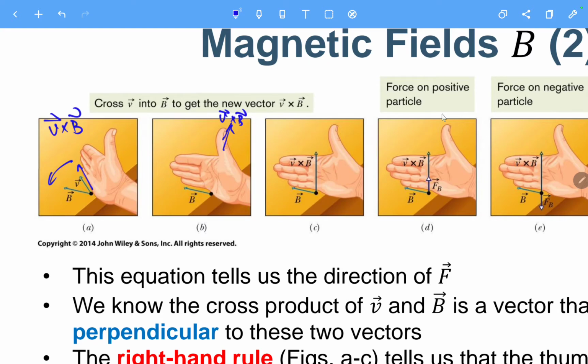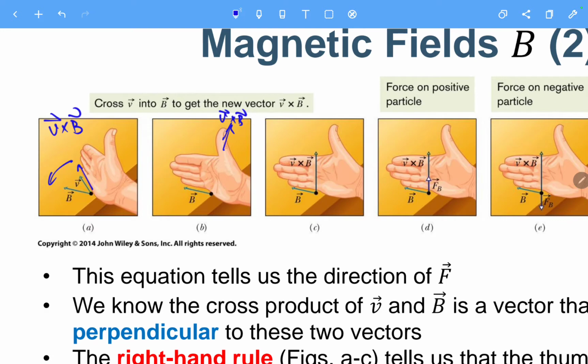One thing to note is that you might consider pointing to V like this and then rotating more than 180 degrees, to get V cross B in the opposite direction.